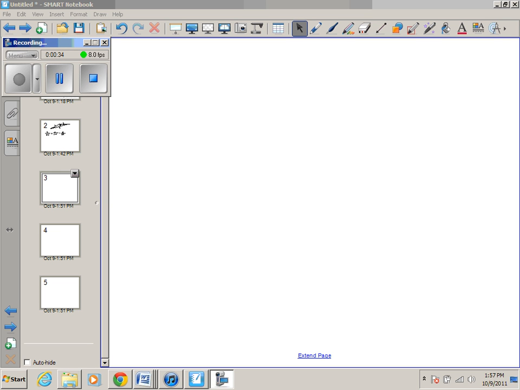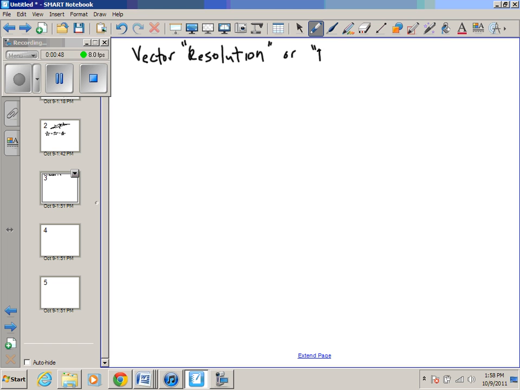This is something that has two different names. Sometimes it's called vector resolution, and sometimes it's called vector decomposition. You'll hear either of these phrases.